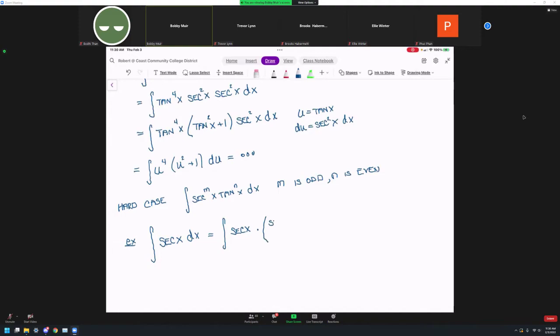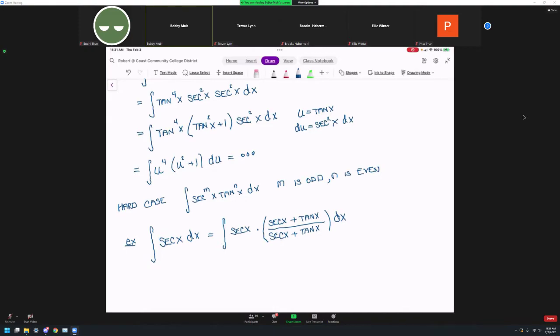You multiply by secant x plus tan x, divided by secant x plus tan x, dx.